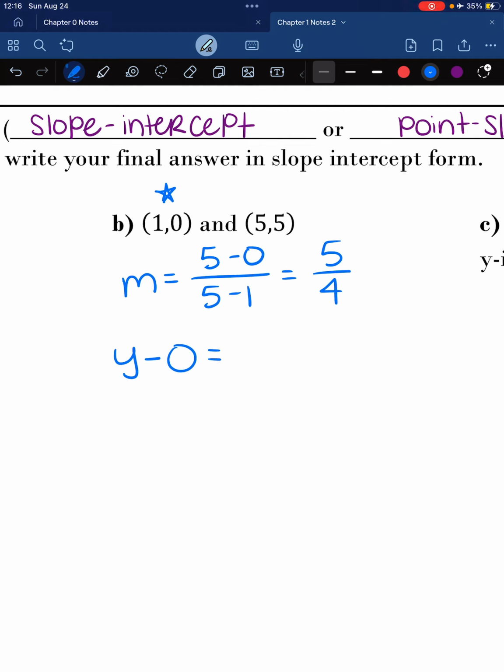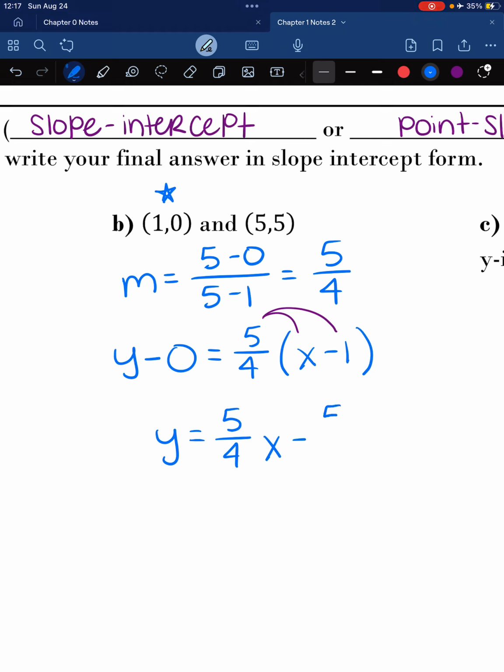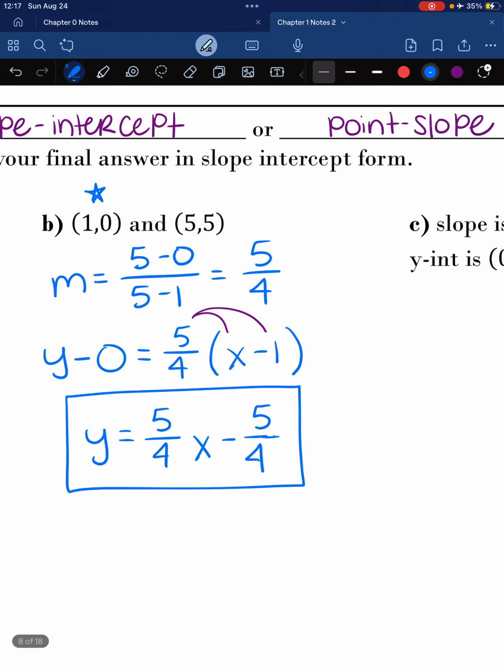You could use (5, 5) if you wanted to. But since I had one of them as 0, that's just going to go away, and we can distribute this 5/4. Beautiful.